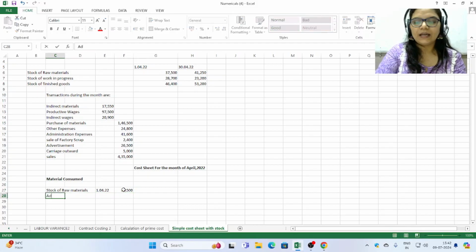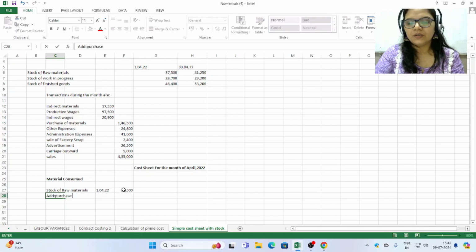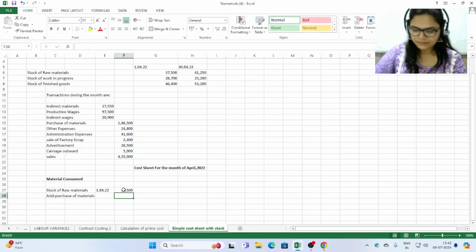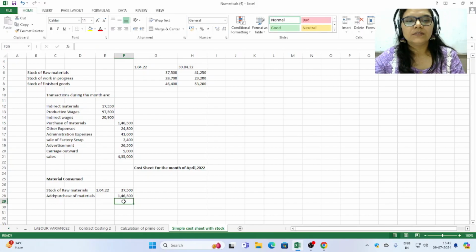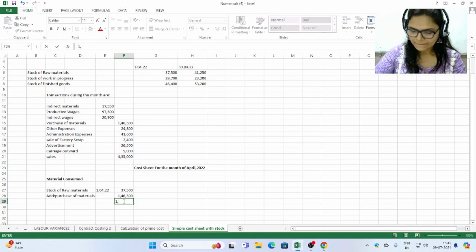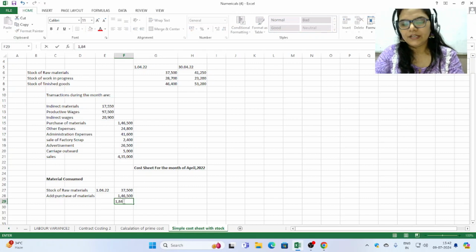Then we will add purchase of materials, which is 1,46,500, and we will get the value of 1,84,000.